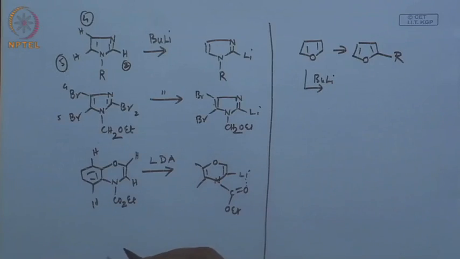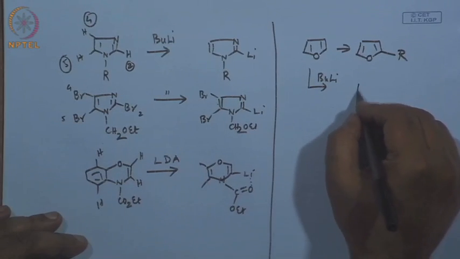So, again organolithium. Organolithium, although it is reactive, you can just control the reactivity. You just treat this with butyl lithium and you get a monolithiated furan, and what is it?